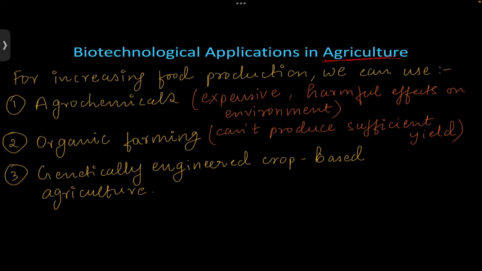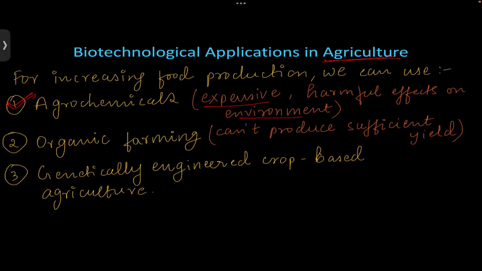We can increase food production, that is increase the yield of crops, by using chemicals like pesticides, herbicides, fertilizers, etc. But it has a drawback. First, they are very expensive, which a small farmer cannot afford, and also these chemicals have harmful effects on the environment.